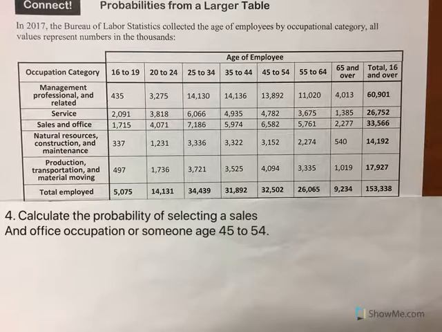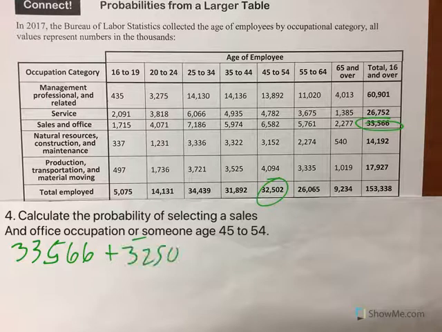Calculate the probability of selecting a sales and office occupation or someone aged 45 to 54. Okay, sales and office is here. So I got 33,566 plus 45 to 54 minus the overlap. Well, if you look at those two lines, here's the overlap right here.